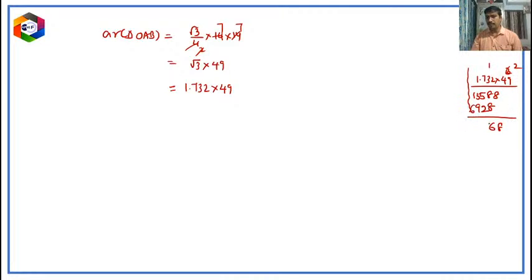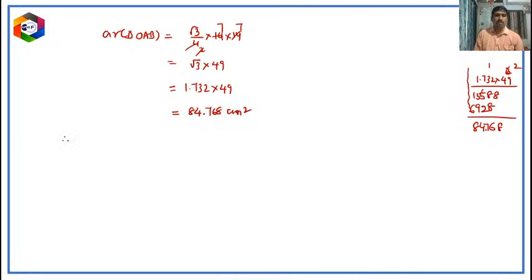Now 8, 8 plus 8, 16, 1. 5 plus 2 plus 1, 7. 9 plus 5, which is equal to 14, carry 1. So with 3 decimals, 84 point 768. Okay, so which will be equal to 84.768 square centimeters.